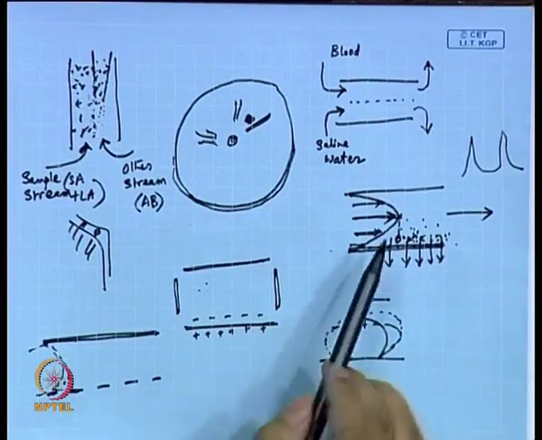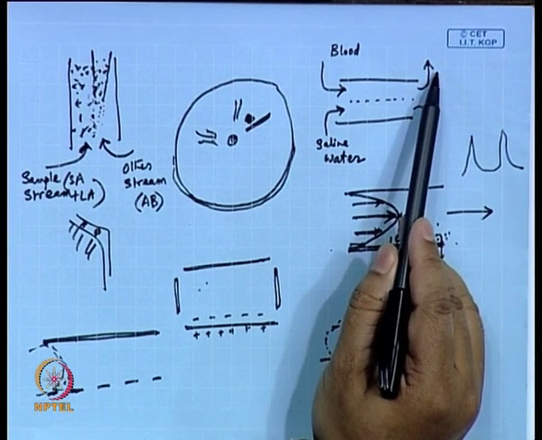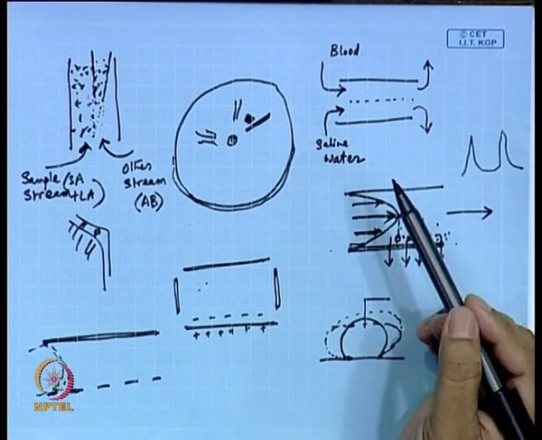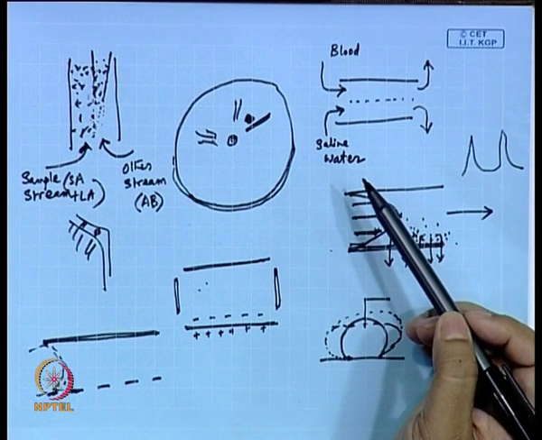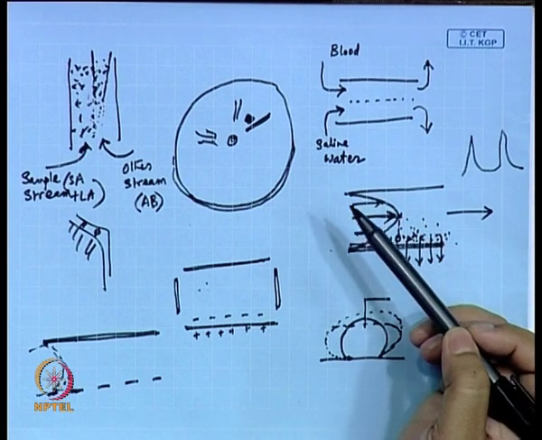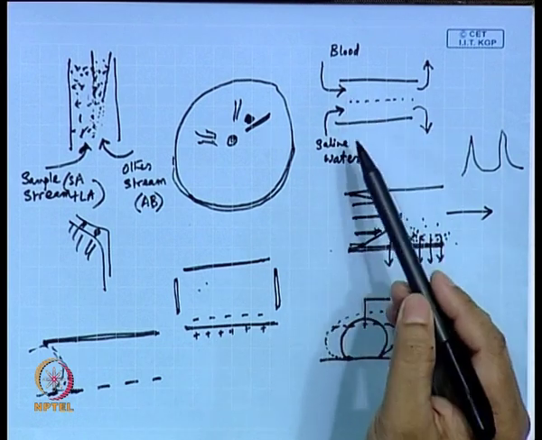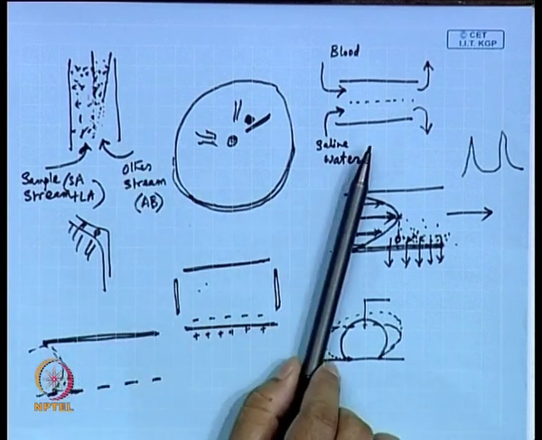What you find there is that the upper stream will contain blood without the smaller particles or smaller aggregates, because smaller ones have gone to the saline water. So, if you want to separate the smaller ones from blood, or concentrate the blood or focus on the bigger particles within the blood, you can have such a device.